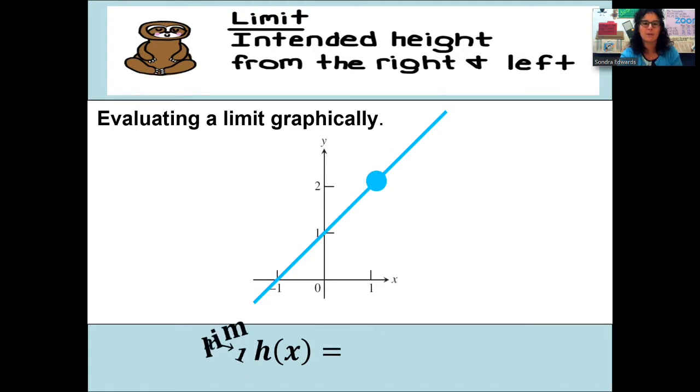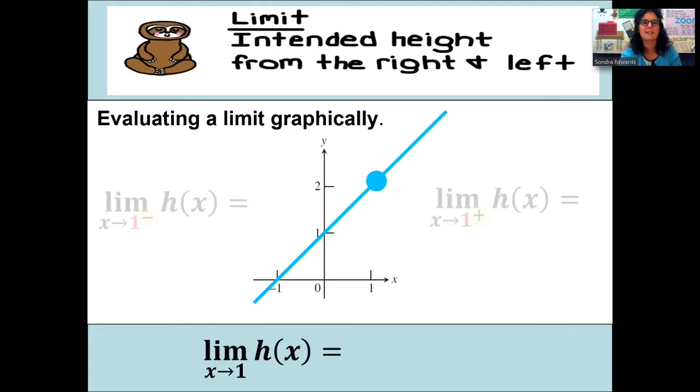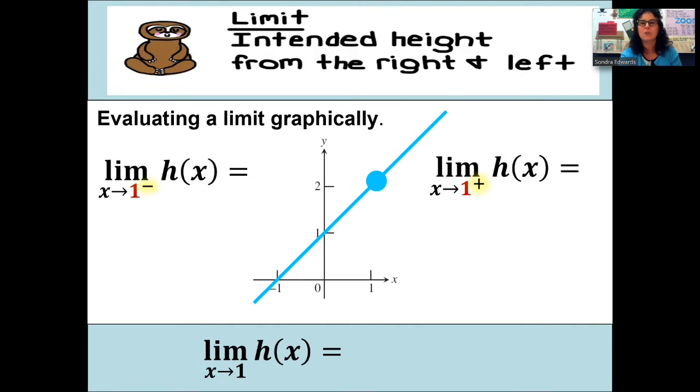We want to find the limit as x approaches 1 of h of x. Considering the limits from the left and the right, I start substituting in numbers close to 1 from the left. So say I plug in negative 1 and I get an answer of 0. I plug in negative 0.5, I get an answer of 0.5.